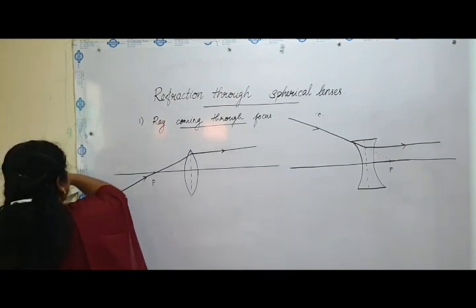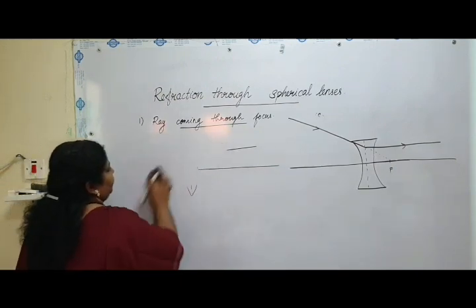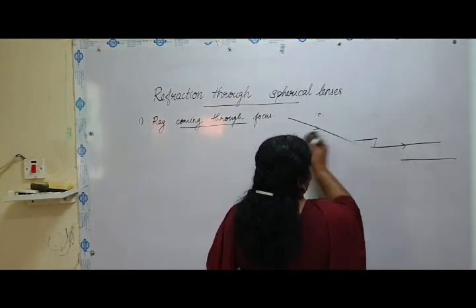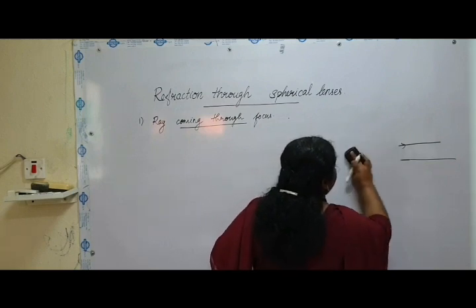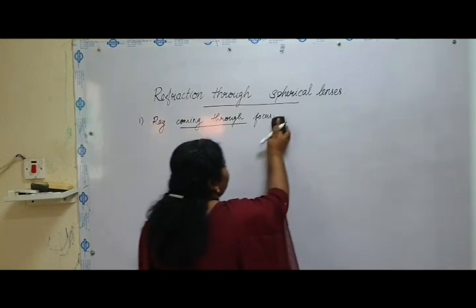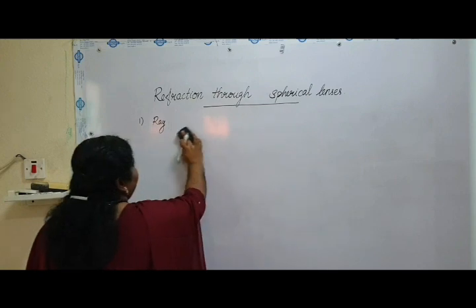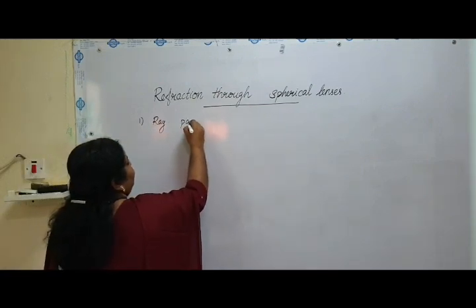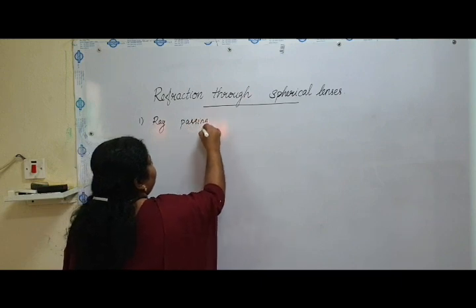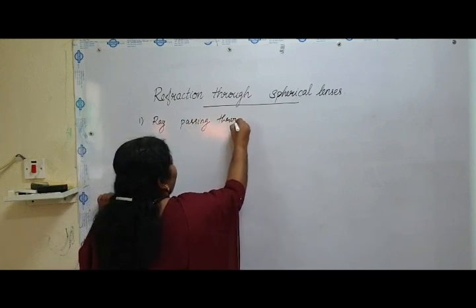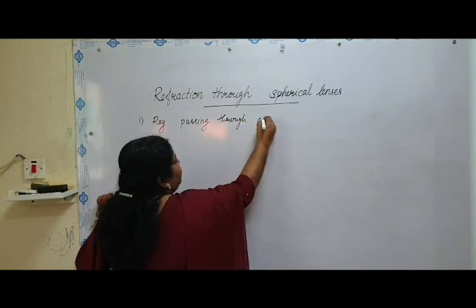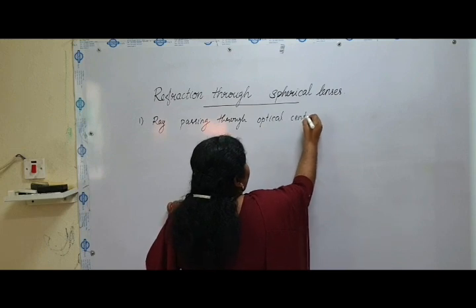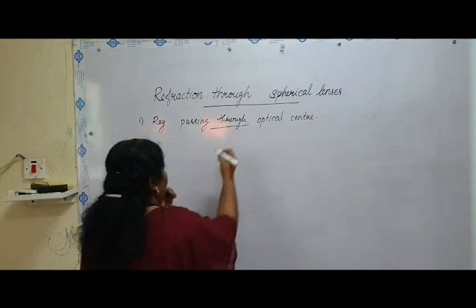Now one more type of ray is there. So there we have learned the third type of ray as the ray which is passing through the center of curvature. But here it is a ray passing through the optical center. I will say what the optical center is first.